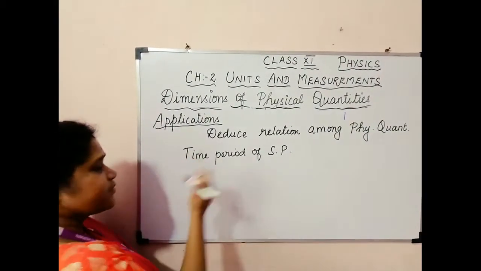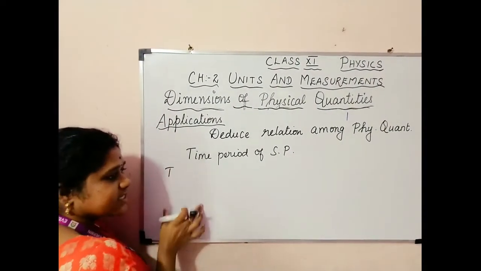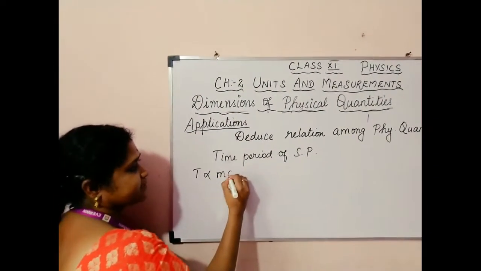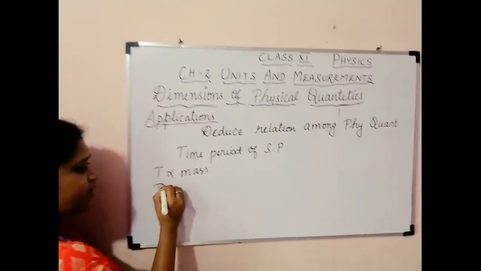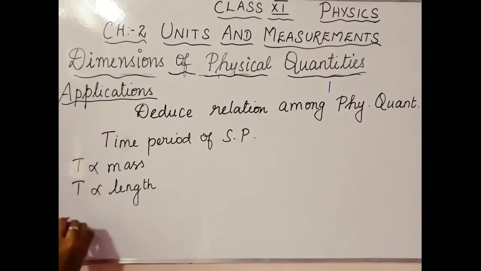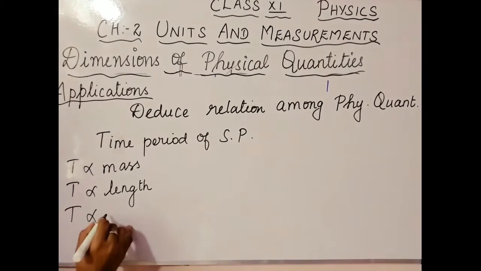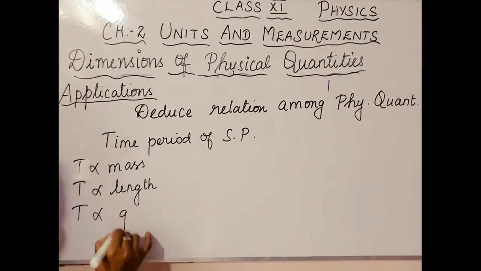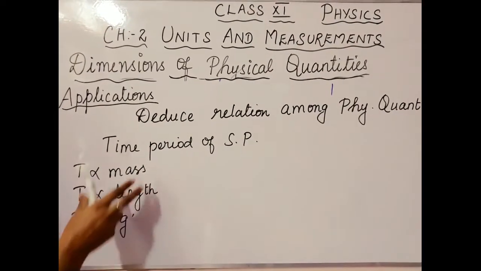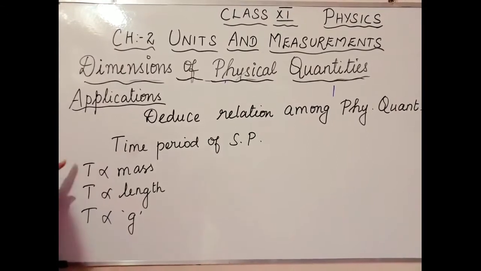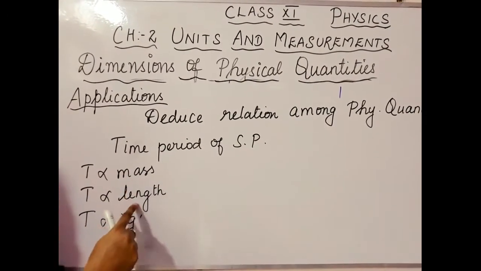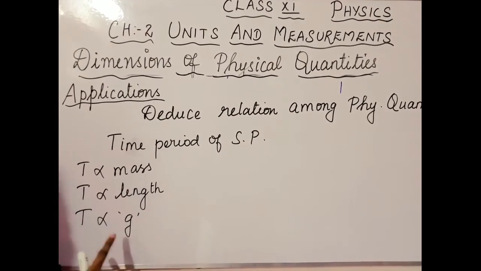For the time period of a simple pendulum, they have given hints: it is directly proportional to mass, directly proportional to length, and depends on g, acceleration due to gravity. So the time period of a simple pendulum depends on mass, length and acceleration due to gravity.